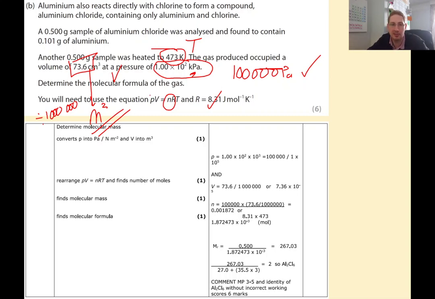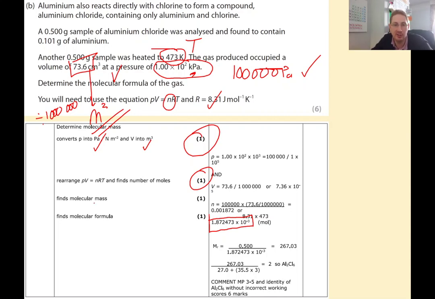And if we work out the number of moles there, we can proceed. Okay, so what have we done? Converted pressure into pascals, converted volume into meters cubed. That's your first mark. Rearrange PV equals nRT and find the number of moles. Okay, so 1.8 times 10 to the minus 3 moles of this. We are told the mass that contributes to that number of moles.